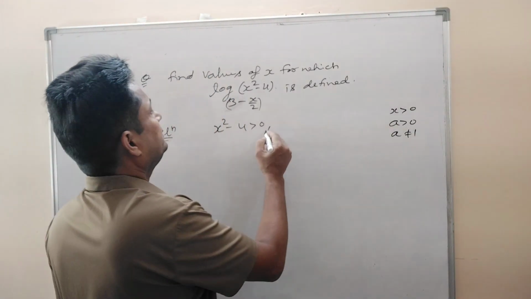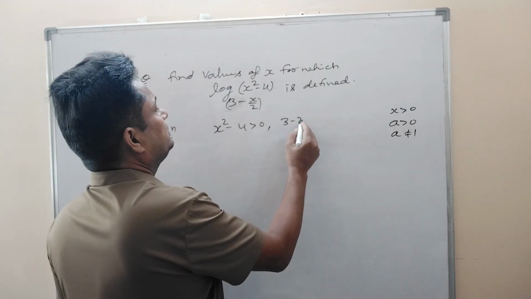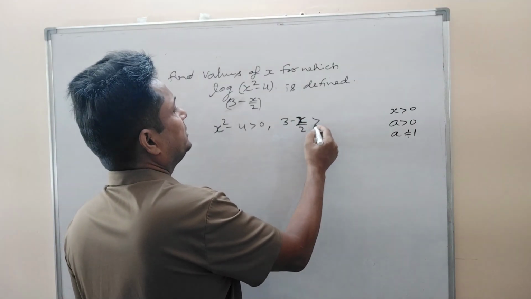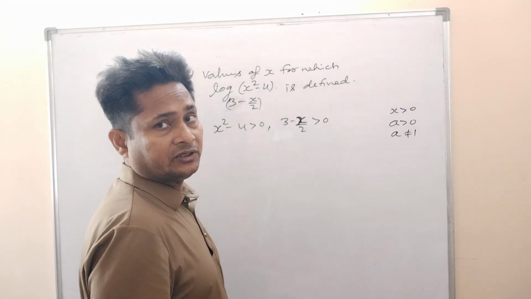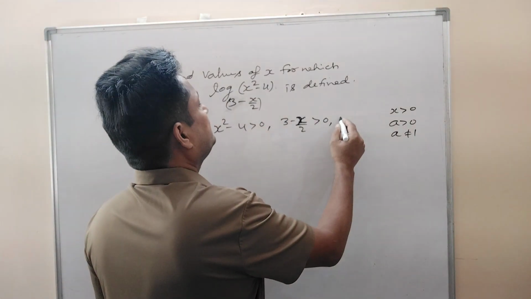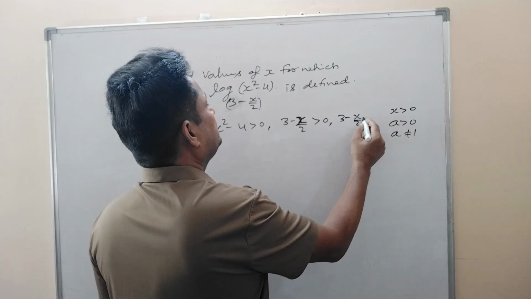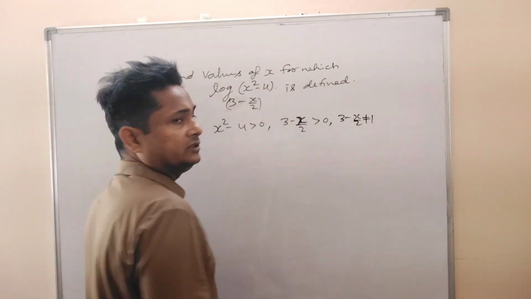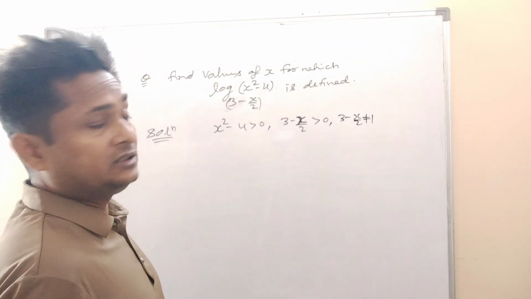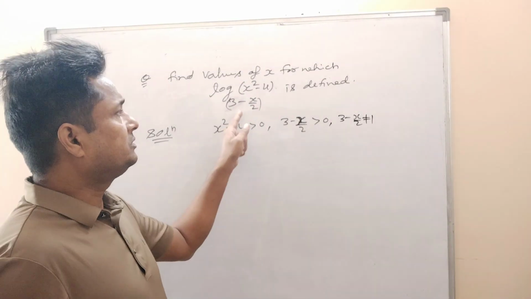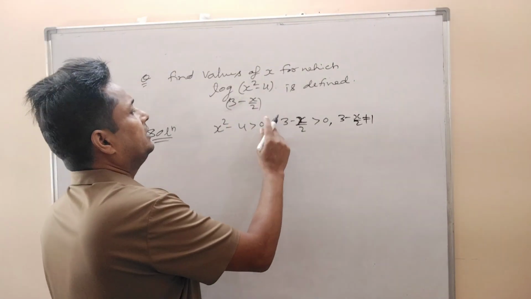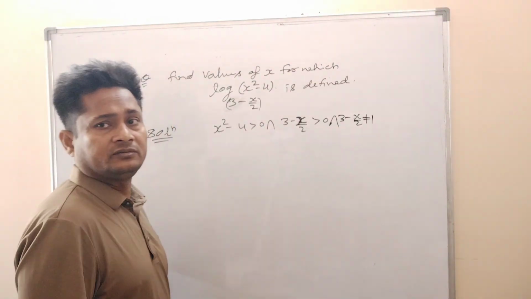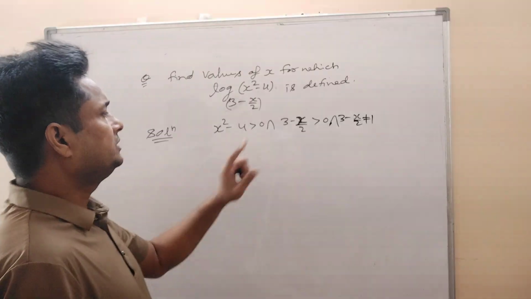What will be the condition next? 3 minus x by 2 must be greater than 0, and 3 minus x by 2 cannot be 1. So these are the three conditions imposed on these values. So you have to take the intersection between these values. Right? Now solve these values.